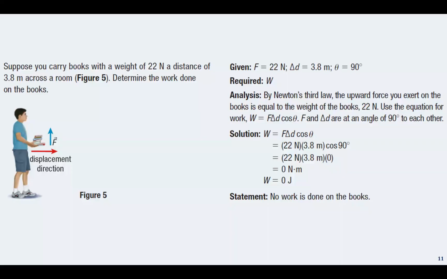As a student walks across the room, he pushes up on the books, but the books move to the right. The angle between the force and displacement is 90 degrees, right? So according to the formula W equals F delta D cosine theta, cosine theta is cosine 90 degrees, which is 0. Therefore, the student does no work on the books.